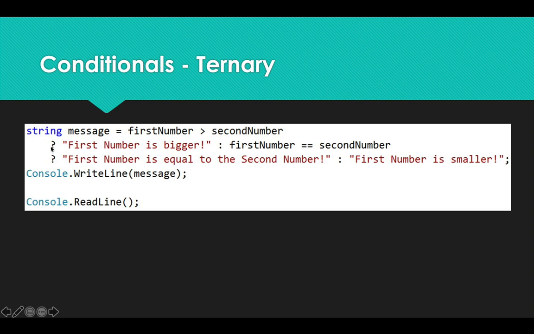So the ternary operator here is the question mark, and the first part that gets fired if the conditional is true is before the colon. The part that fires if the condition is not met is after the colon. And here what we've done is we've stuck two different ternary operators together, nesting the second one inside of the first one's false condition.